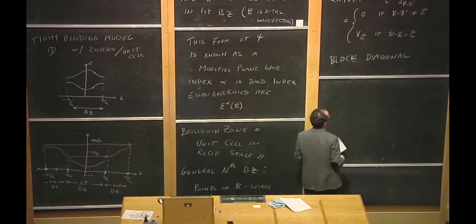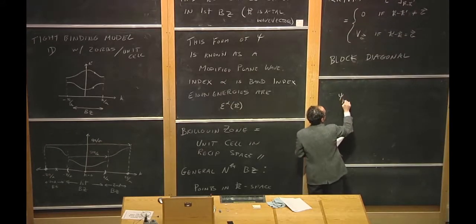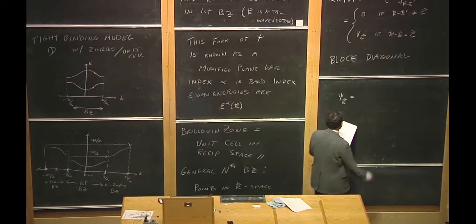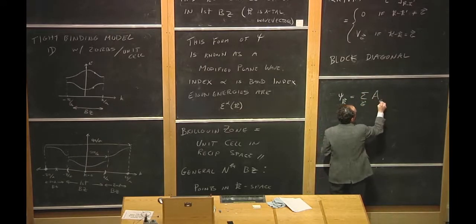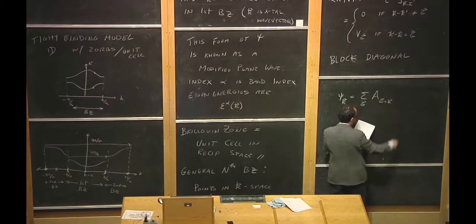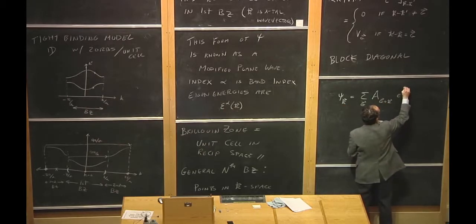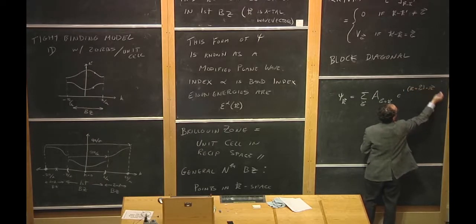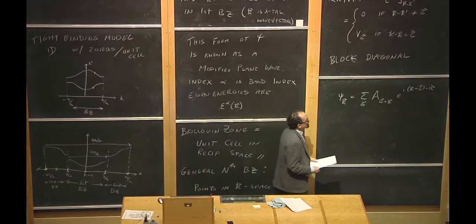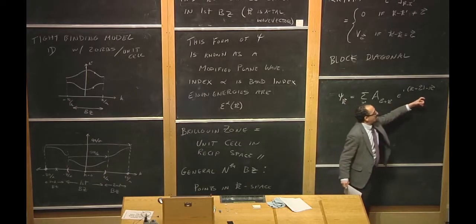And so the wave function psi k must be of the form, sum over g of some coefficients, let's call them a of g plus k, times e to the i k plus g dotted with r. Now, why should it have to be of this form? Well, you start with some e to the i k dot r.